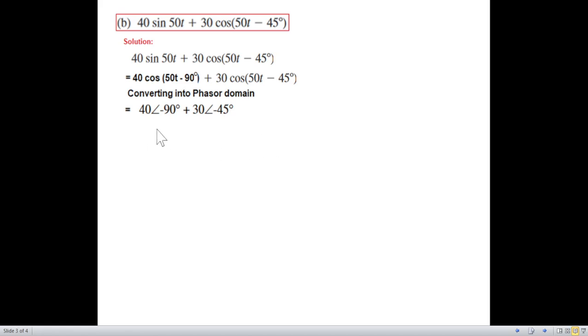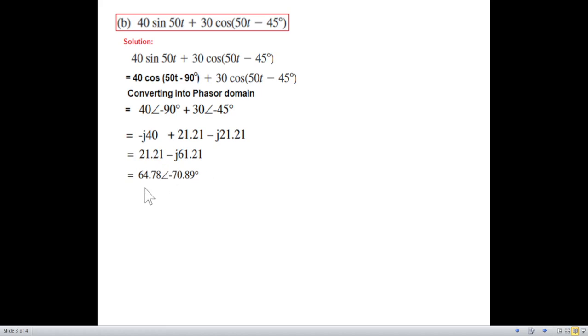And to add here also, we have to convert it back into rectangular form. So this is rectangular form. We add the real and imaginary parts. Adding the imaginary, the real remains just one. So this is real, and adding these two, we get this value. Convert it back into polar.